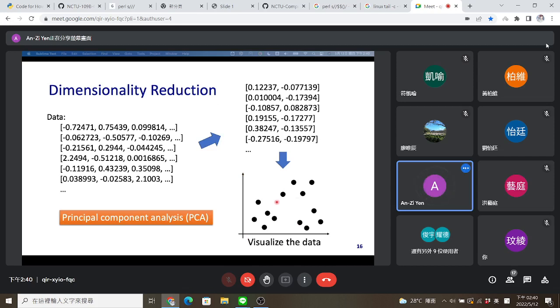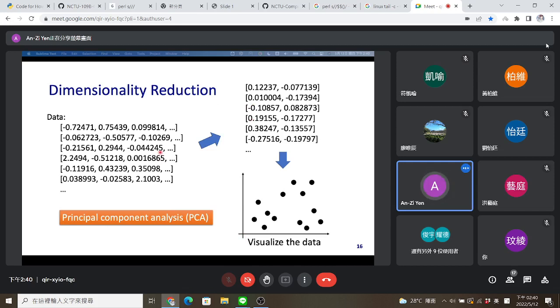For the problem of dimensionality reduction, one popular algorithm is called principal component analysis, or PCA. PCA is an algorithm used for dimensionality reduction that can find correlated features of your data.